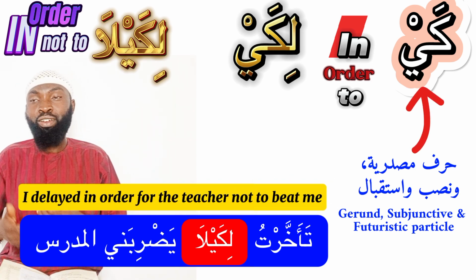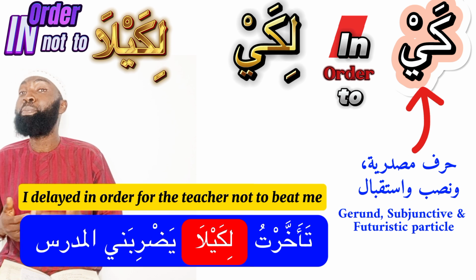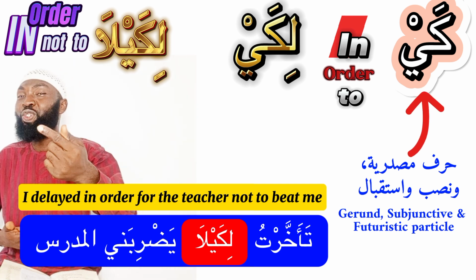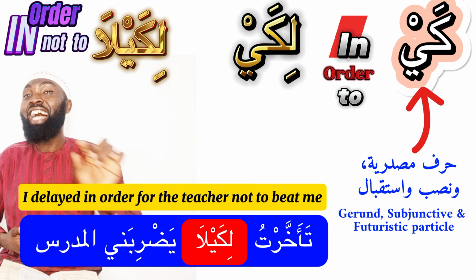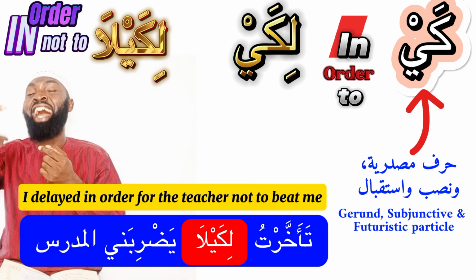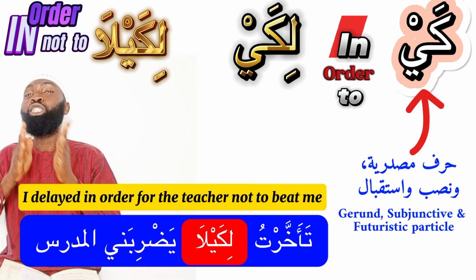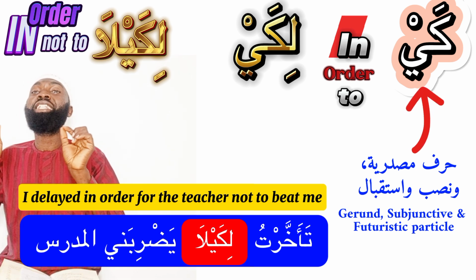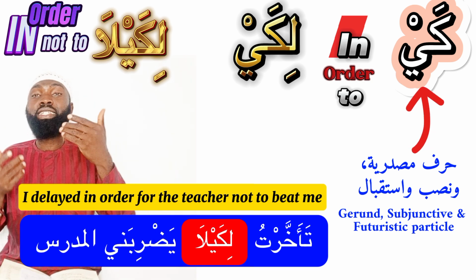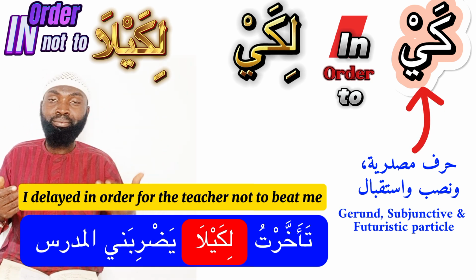I delayed in order for the teacher not to beat me. So, in order not to. Can you see the difference? La has been added to the word likay, so it becomes likayla. And when la is added to it, it will be joined with it, and it becomes likayla, in order not to. And the present tense verb will still be carrying fatha.